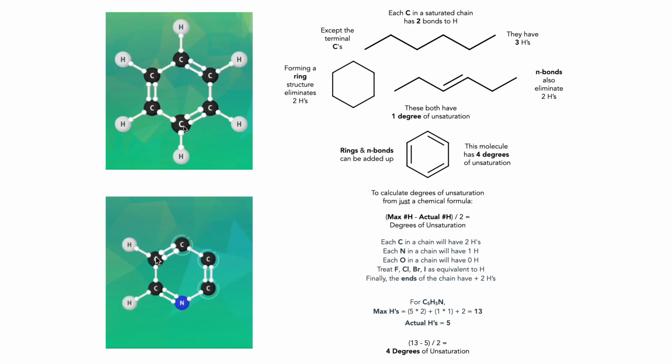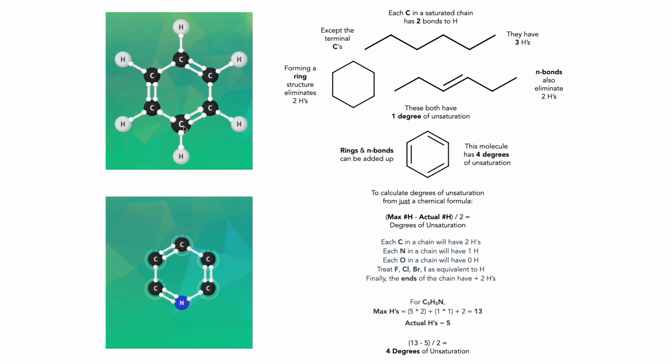And so notice in our benzene ring here, we've got a ring structure, but we also have 3 pi bonds. Altogether, that means we have a total of four degrees of unsaturation, right? There would actually have to be 8 hydrogens removed to go from hexane to benzene.